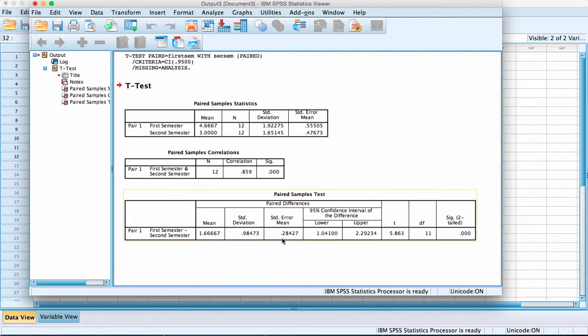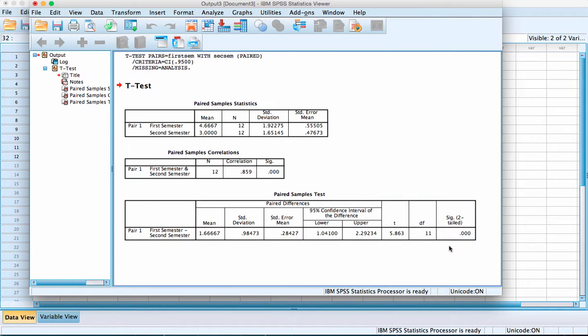So this standard error is calculated by the standard deviation over the square root of n, which is 12. And so we would get our standard error. And so our t ratio is highly significant.